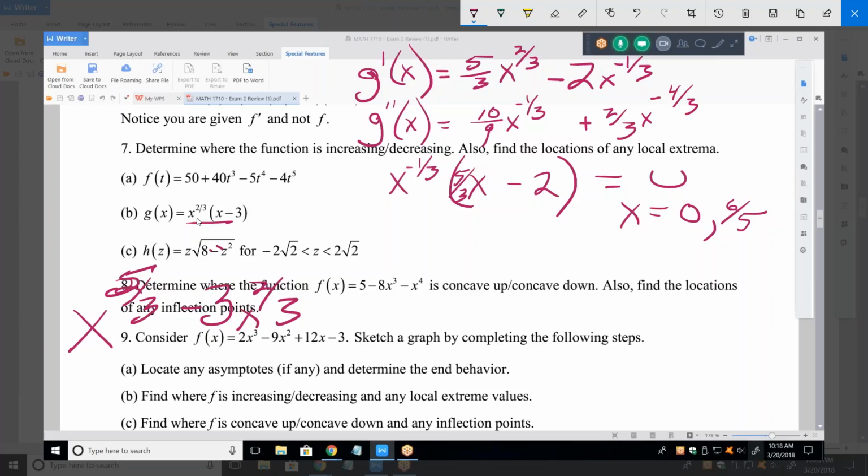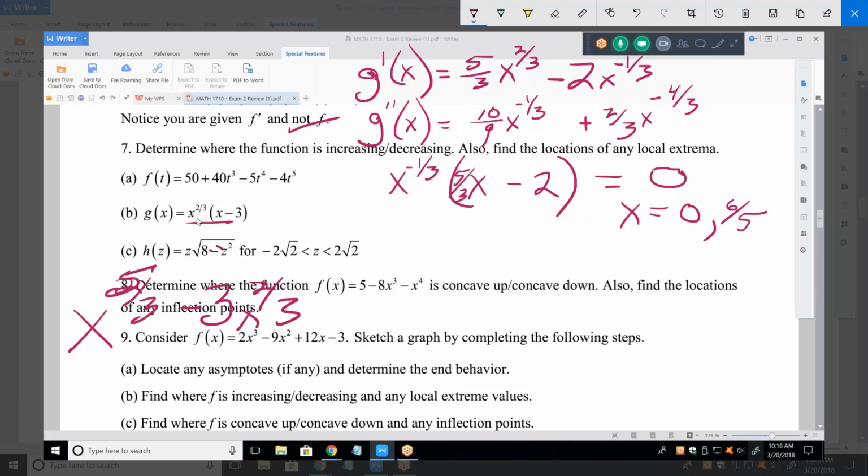Is that right? Yeah. Okay. Now, all we have to do is evaluate that at these 2 numbers.